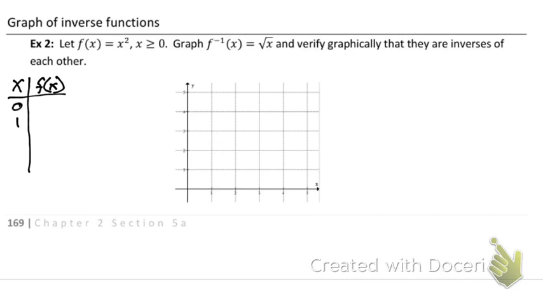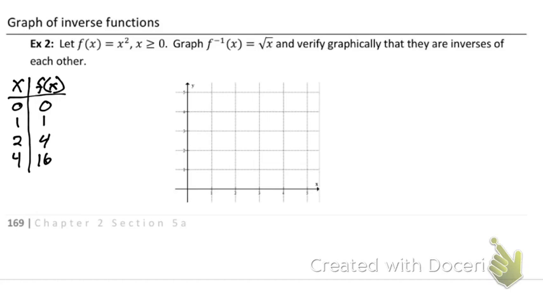And let's choose 1, let's choose 2, and let's choose 4. All right, my function result would be then 0 squared is 0, 1 squared is 1, 2 squared is 4, and 4 squared would be 16.